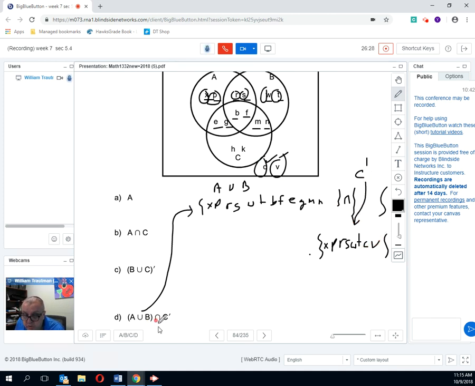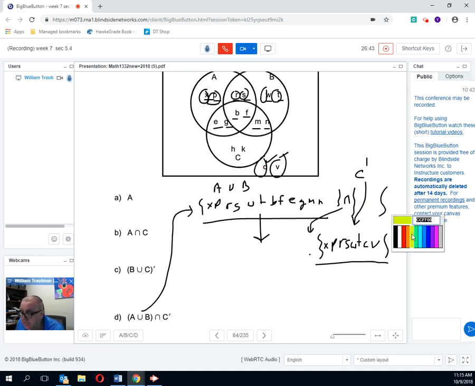And so we're doing an intersection with this. What's in common with these two? And you can see it gets a little messy if you're really not neat. X is in common with both of them. P is in common with both of them.